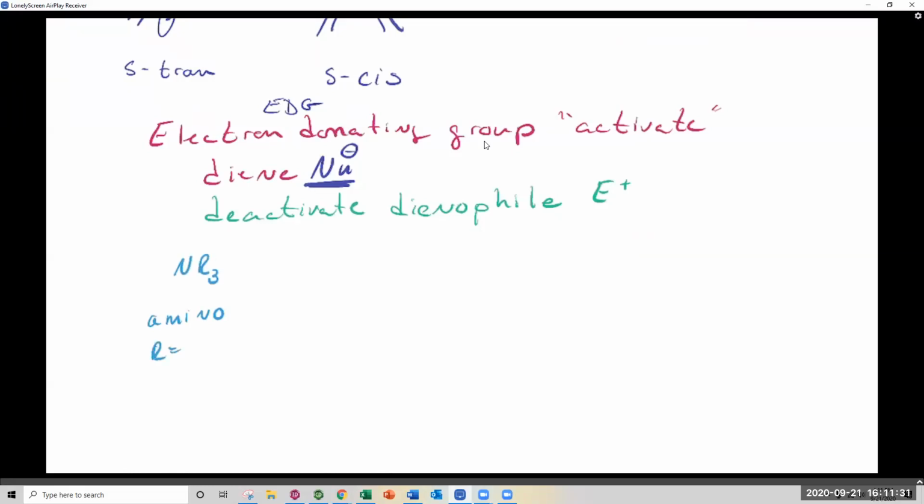So R can be an alkyl group, or R can equal hydrogen, it doesn't matter. The lone pair of electrons on the nitrogen atom can help to donate.